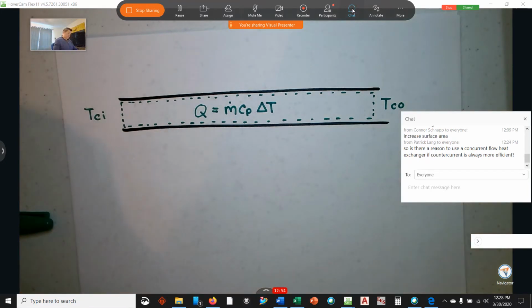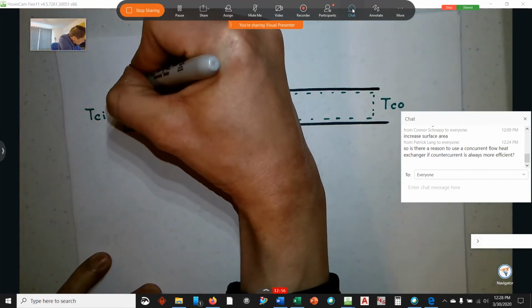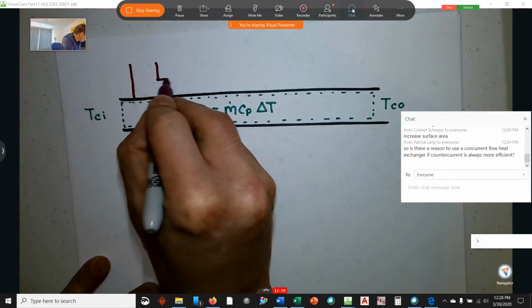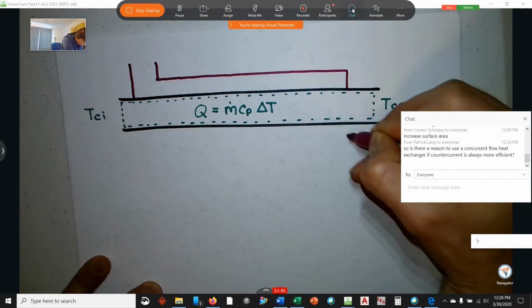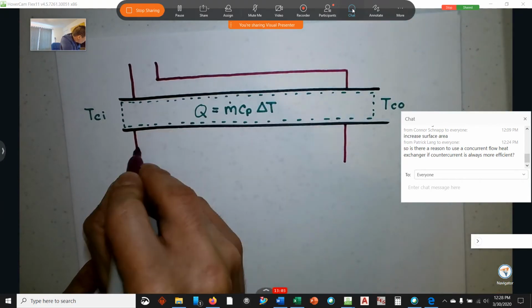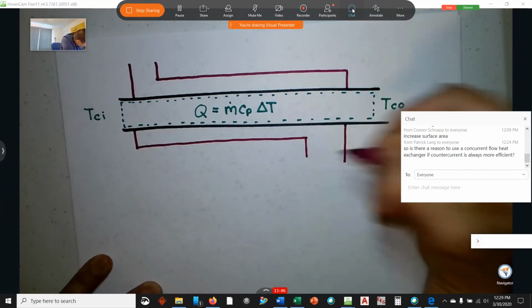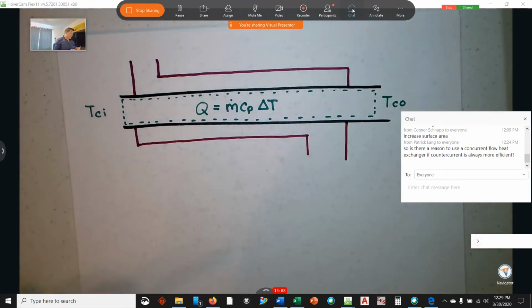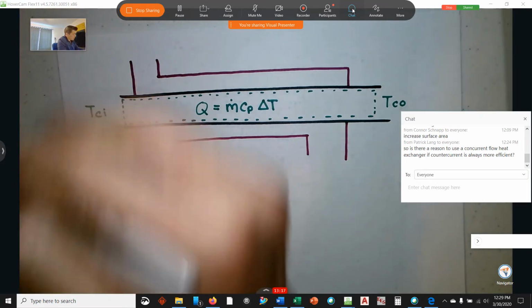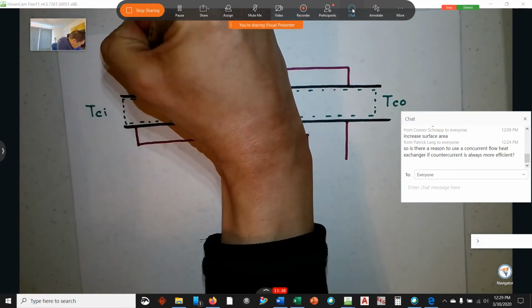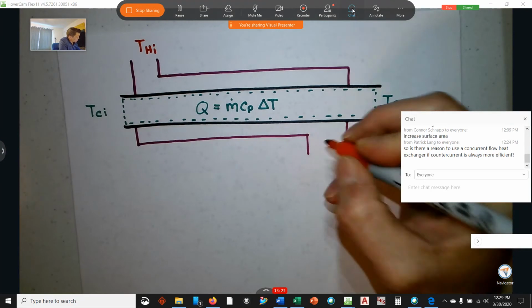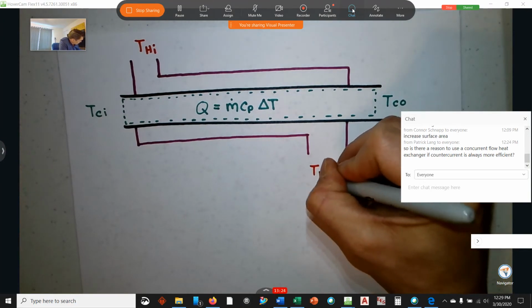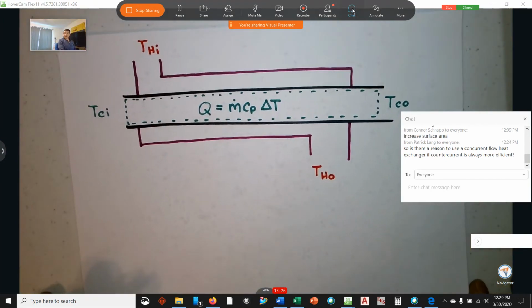Like I said, if I have a shell around this thing, and now let's set this up as our old inefficient heat exchanger where we have the inlet temperature, hot temperature over here, and the outlet hot temperature over here.